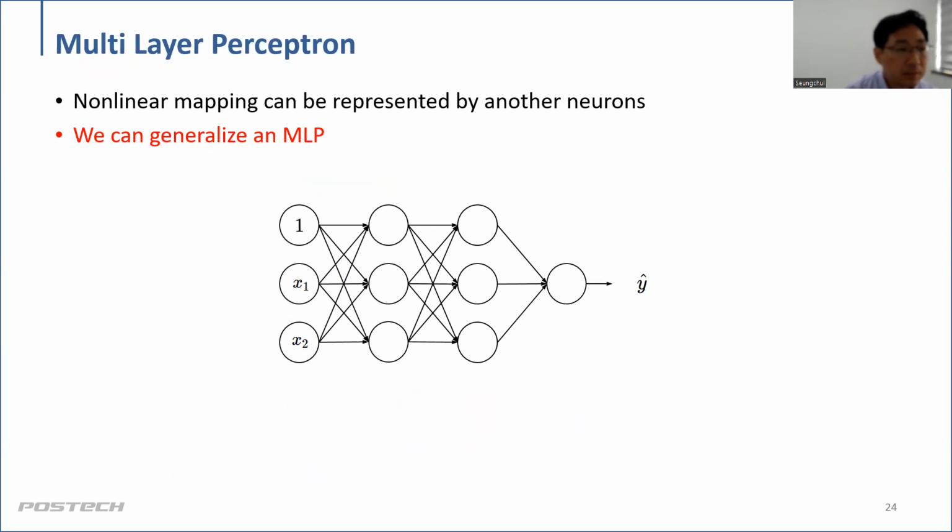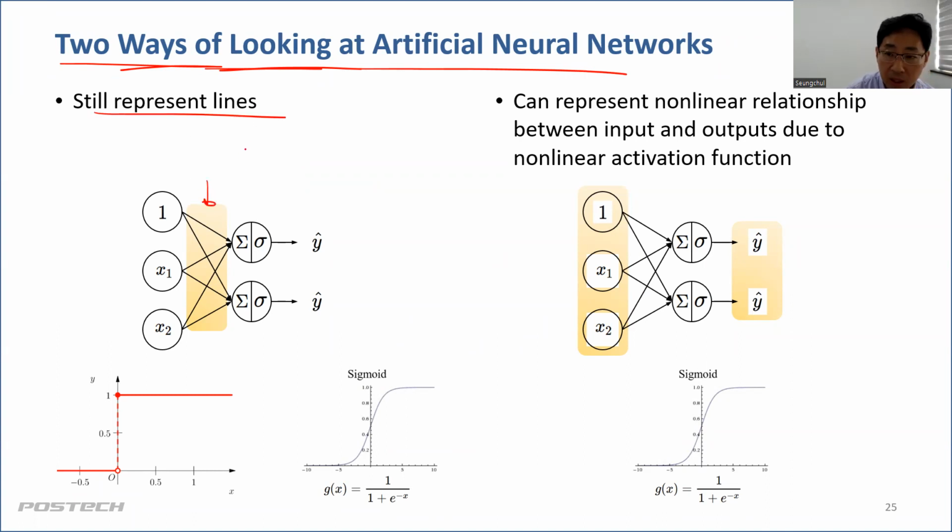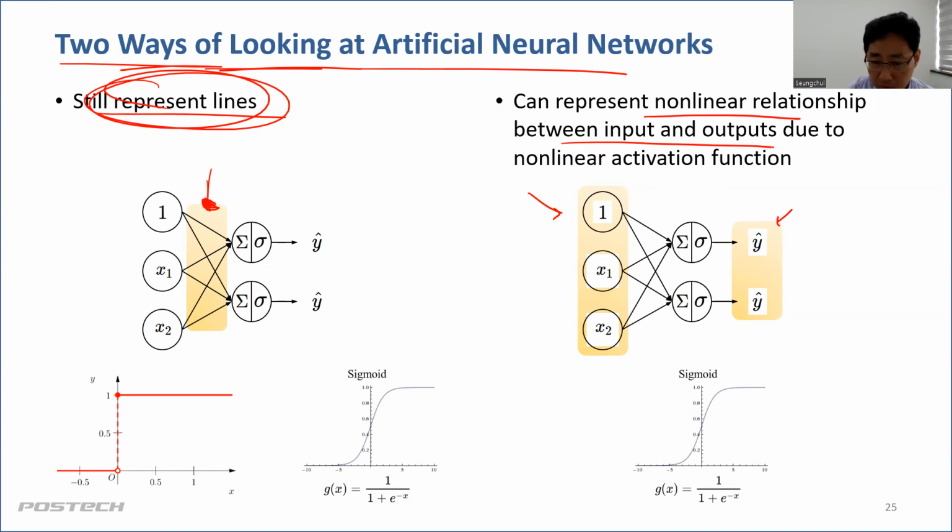Okay, so now we can generalize multi-layer perceptron. And two ways of looking at ANN. That is represent lines. So this means that I'm more focusing on the weights over there. And another one is looking at the input and outputs that represent nonlinear relationship between the input and outputs.